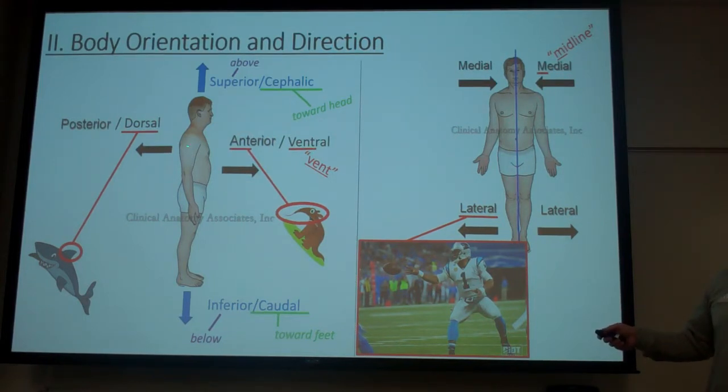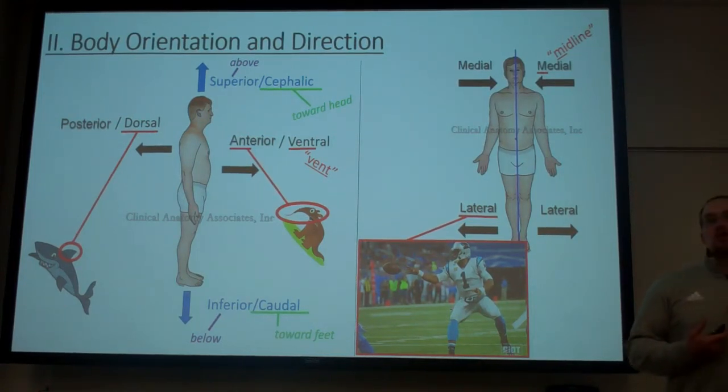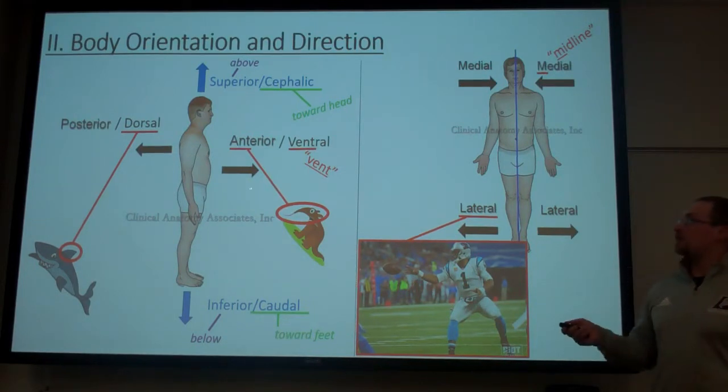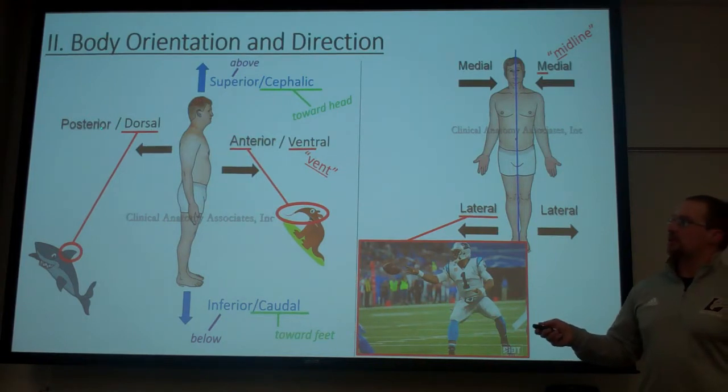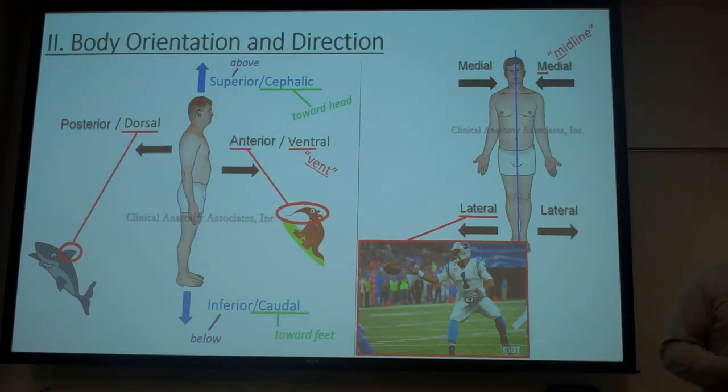Dorsal, towards the back, that's going to be behind. Now, ventral and dorsal are more used when talking about animals. So for the most part in class, I'm going to use anterior and posterior. But understand that ventral is the same thing as anterior, and dorsal is the same thing as posterior.